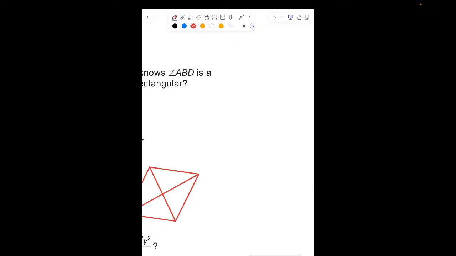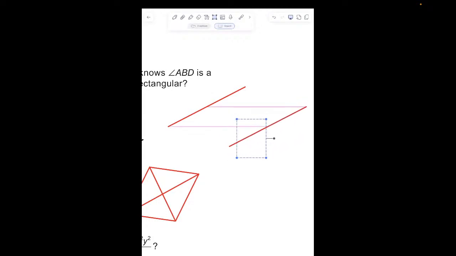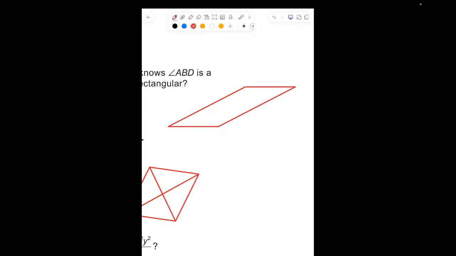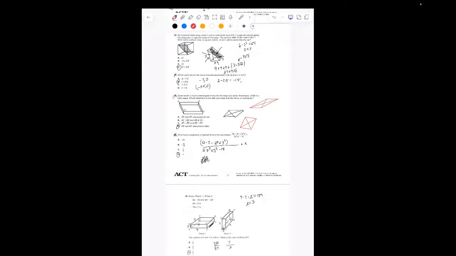Let's do a more drastic example. They literally bisect each other.